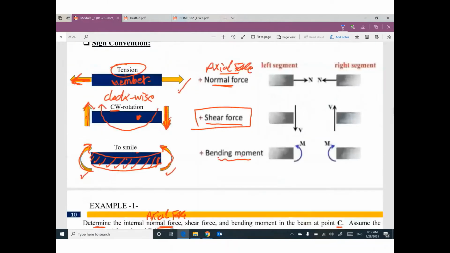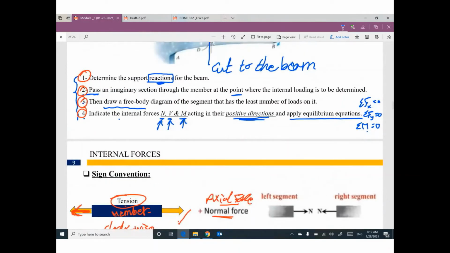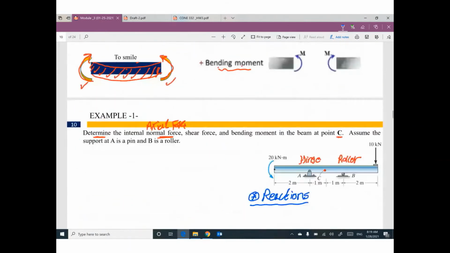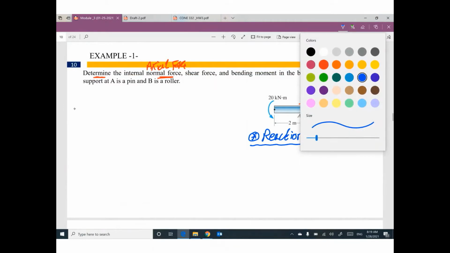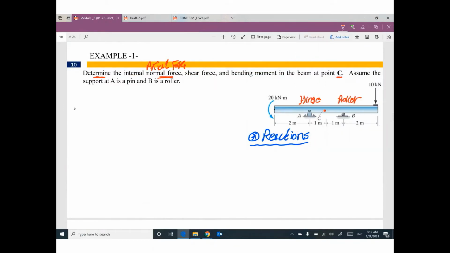If you go back, the first step in these 4 steps, we need to determine the reaction of the beam. Let's go back to the previous week and start. This one is hinge, so we have 2 reactions, YA, XA. This one is roller, so we have 1 reaction, YB. That makes sense?